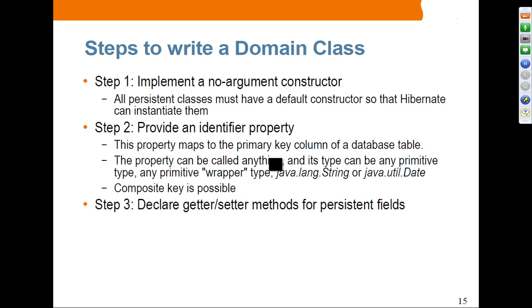The property can be called anything, and its type can be any primitive type or wrapper type. So it could be string or it could be date, and composite key is also possible. And you also have to have getter and setter methods for those fields. These are the rules to follow for creating a domain class. So basically a domain class is a POJO class with these characteristics.